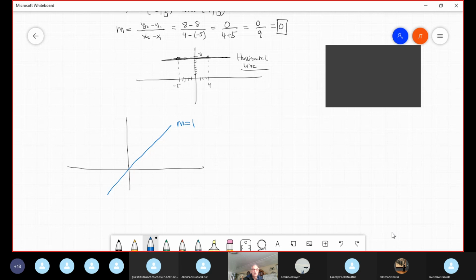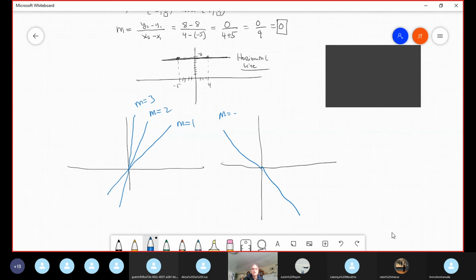Slope 2 has more inclination. Slope 3 has more inclination. You know? Slope negative 1 is something like that. This is slope negative 1. Slope negative 2 has more inclination, but it's going down.